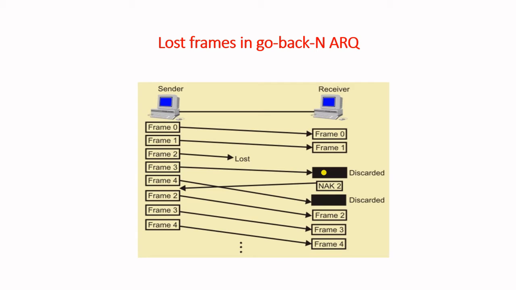As soon as the sender receives the negative acknowledgement, due to the lost frame 2, it sends frame 2, frame 3 and frame 4, because after frame 2, frames 3 and 4 were also sent. So that is why it is Go Back N. It has sent all the frames which were sent after frame 2.